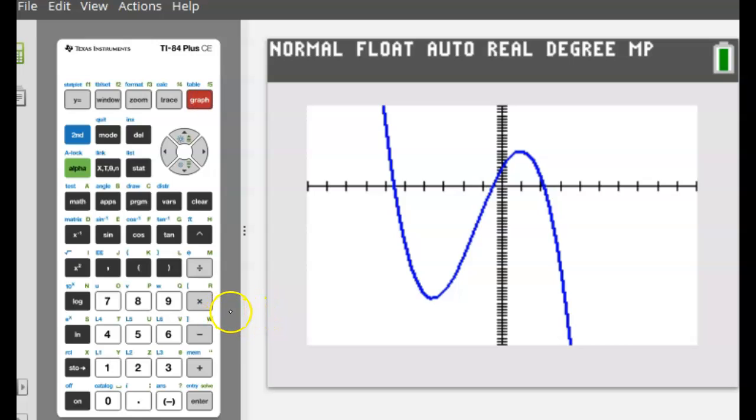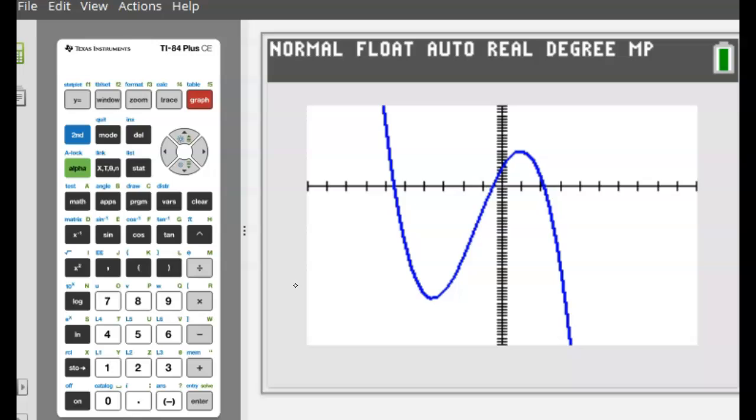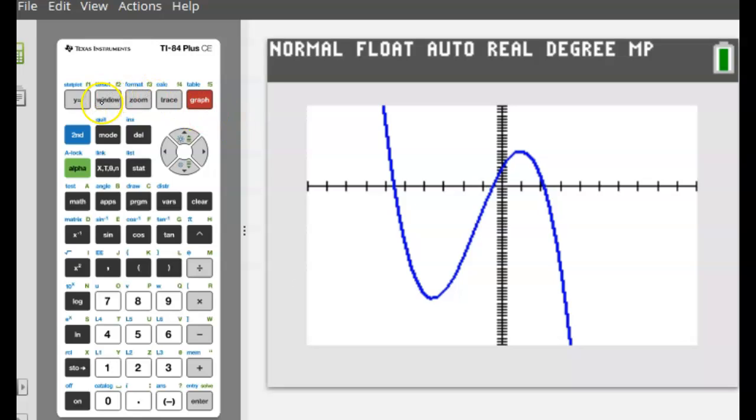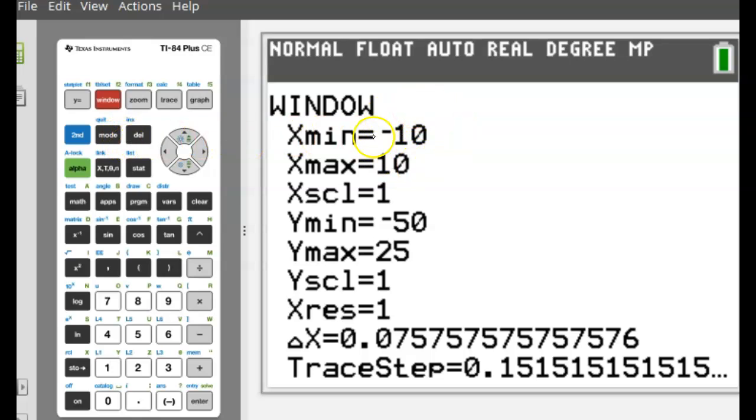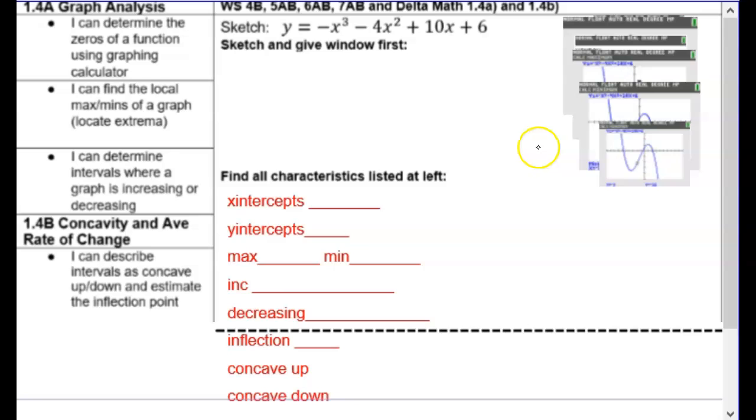Okay. Now, on the quiz, it's going to ask for the window and you're going to have to tell me what you put in. All I want you to state is what these 2 values were and what these 2 values were, okay? You don't have to give me all this other garbage. But not everybody's going to get the same answer.